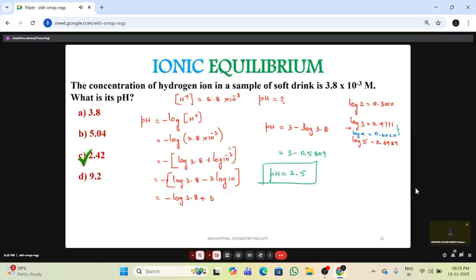Now here the problem is they have given you the H+ ion concentration, and from it we have calculated pH, right? Now one more problem. Here the problem is quite opposite.